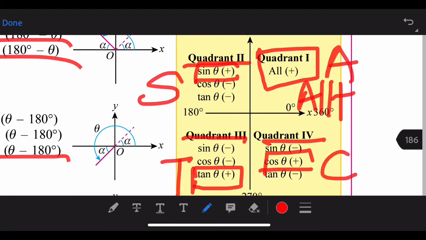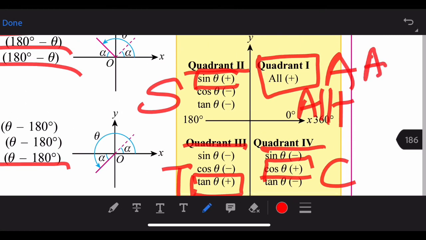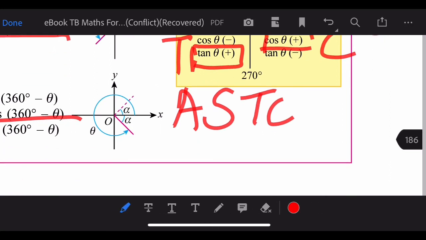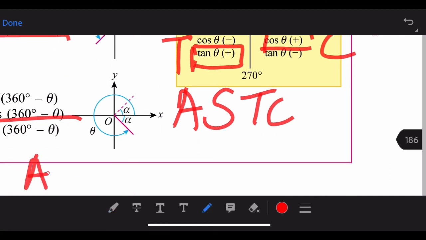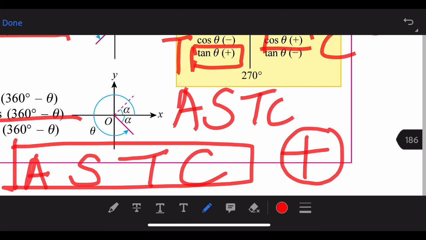So that's why we come up with a conclusion: all science teachers are crazy, or you can say add sugar to coffee, or whatever you like. So you must memorize this one, and this is actually telling us which one is positive.